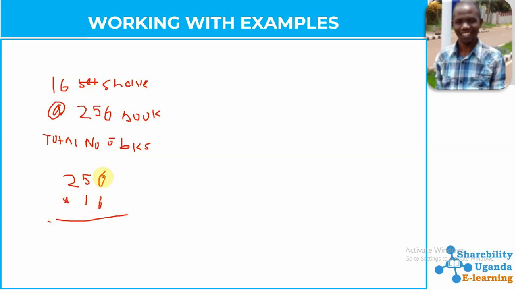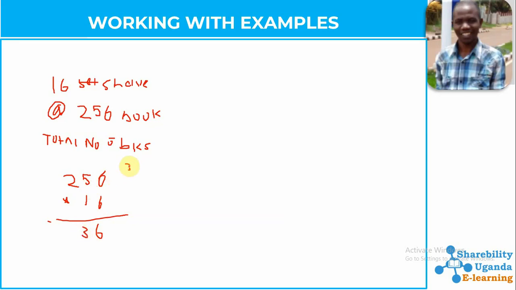We come here and say, 6 times 6 is 36. So you write 6 and carry 3. 6 times 5 is 30, plus 3 you get 33.